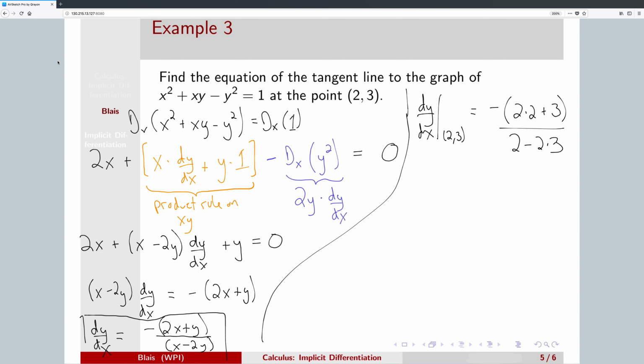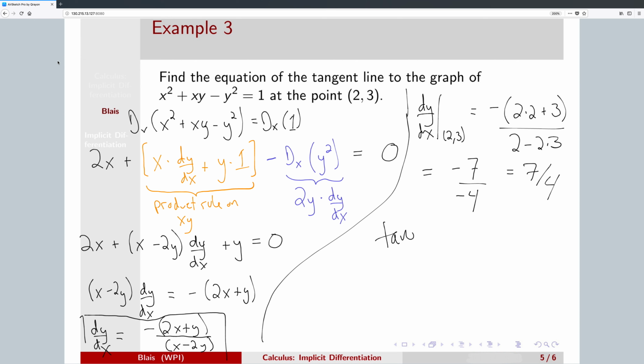And this will be what? Minus, in the top, we have 4 plus 3 is 7. And in the bottom, we have 2 minus, this is 6. So 2 minus 6 is minus 4, or 7 over 4.